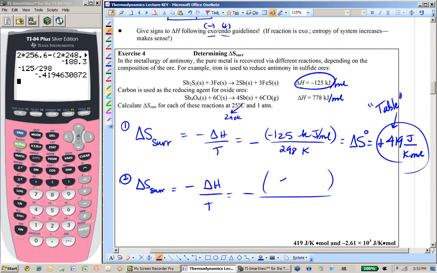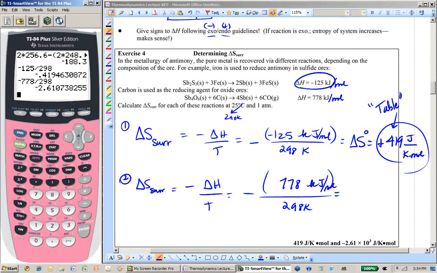And this delta H is a positive 778 kilojoules, and still we're at 298 Kelvin. That should still be per mole. So minus 778 divided by 298 is a negative 2.611.